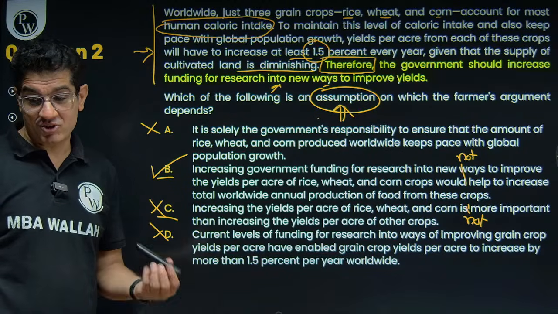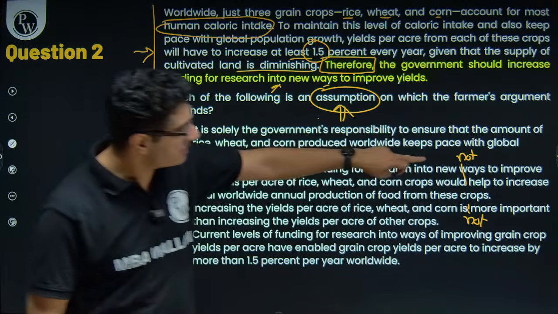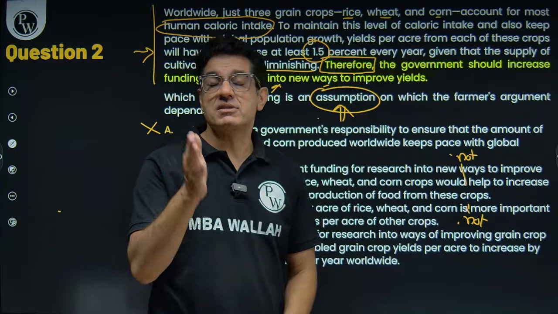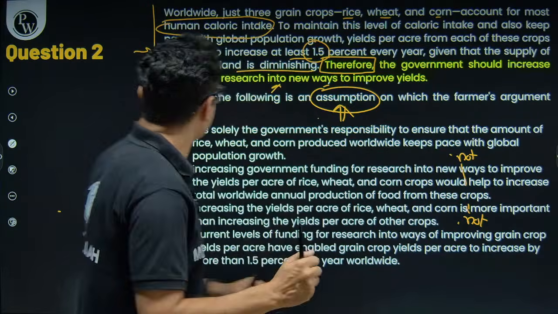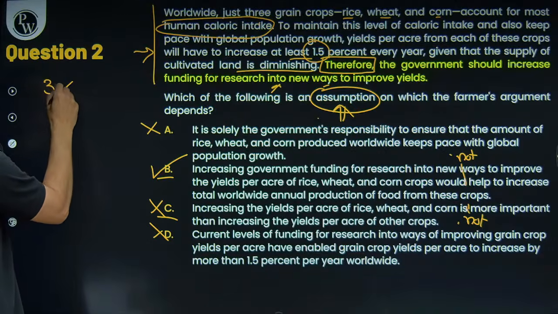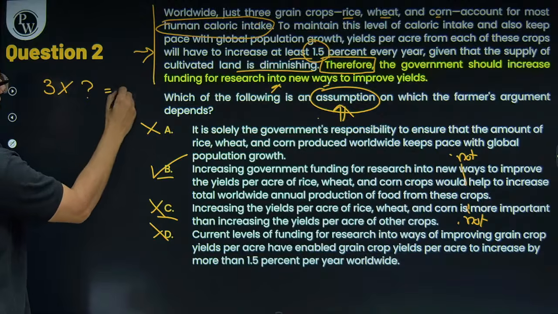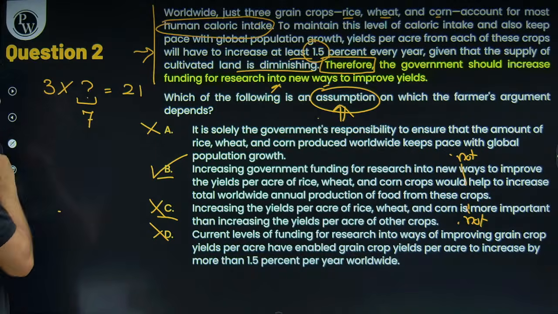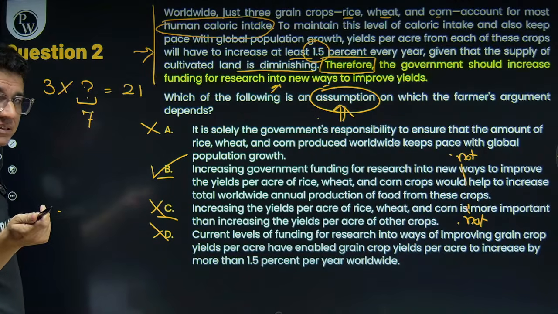So elimination, jotting things down. Is there a trick? Yes. You notice this note that I've added strategically. So we know that an assumption is supposed to be necessary for the conclusion. Now imagine if I tell you that 3 was multiplied by something and the answer was 21. So you know that there has to be 7 here. Without 7 you can't reach here, right?